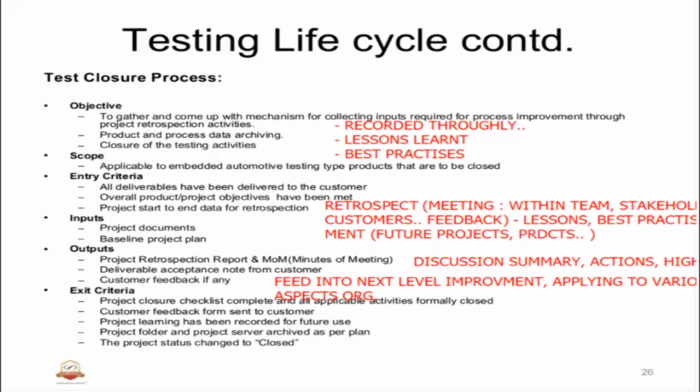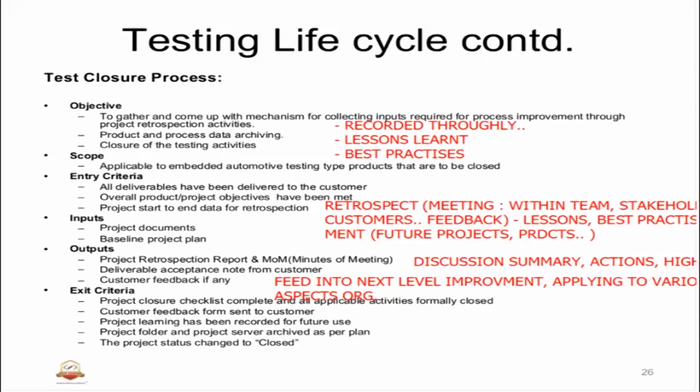These are some of the project statuses. So this should be closed. Definitely closure is the one that the team will look for. So the project has to be closed in order to close this process.